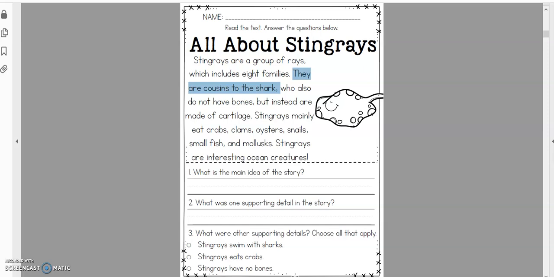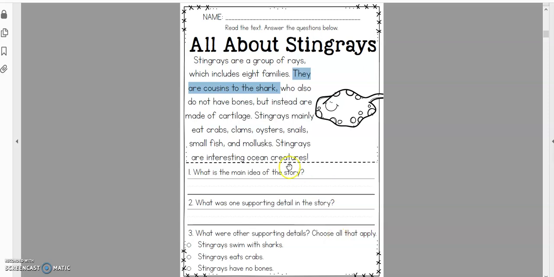Stingrays eat crabs. Stingrays have no bones. So which of these sentences could be supporting details? And I'll give you a clue. There's definitely 2 sentences that are supporting details. I'll read them again. Stingrays swim with sharks. Stingrays eat crabs. Stingrays have no bones.